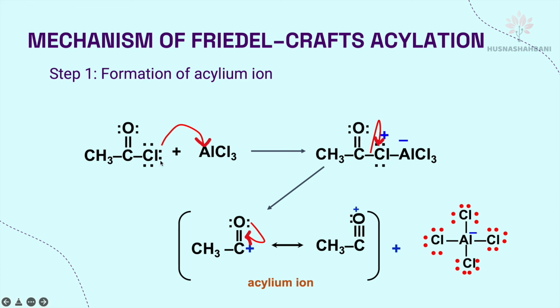This Cl will use 2 electrons of its lone pair to form a bond with Al, forming this complex ion. And then the Cl prefers to be negatively charged, but now it's positively charged, so it uses 2 of the bonding electrons between C and Cl, both transferred to itself, making this acylium ion.